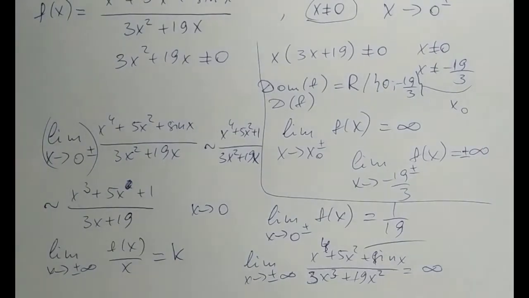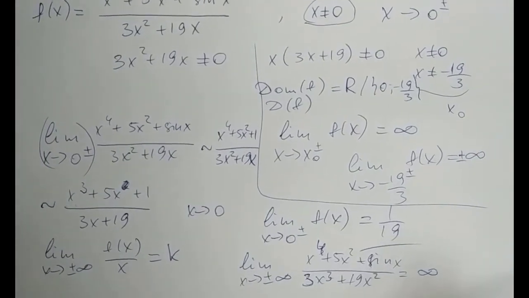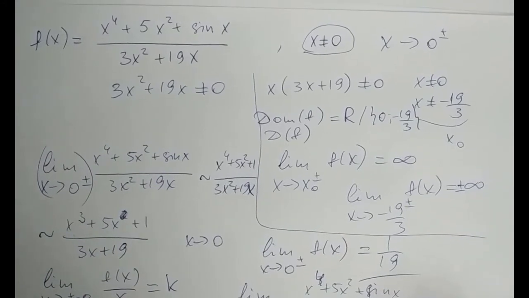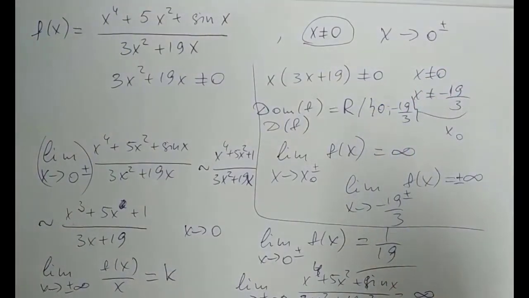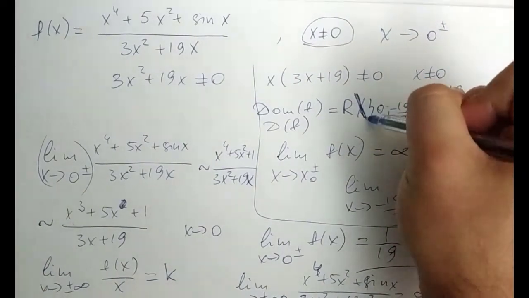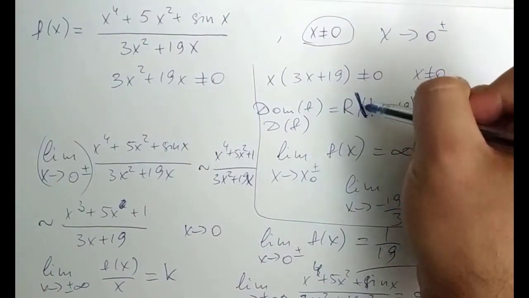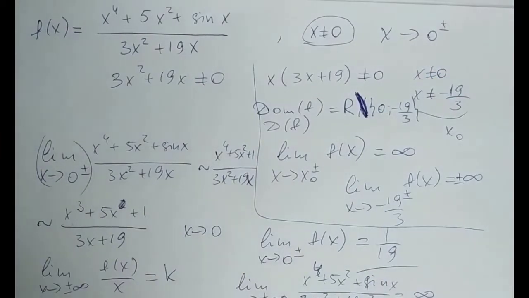So one more time, the domain of this function is R minus the set of 0 and minus 19 over 3.